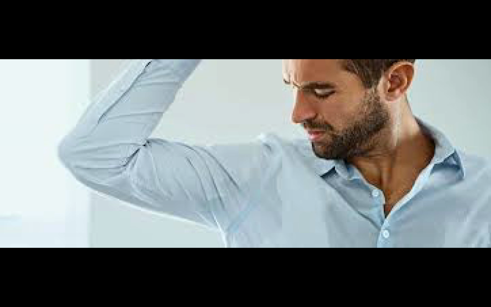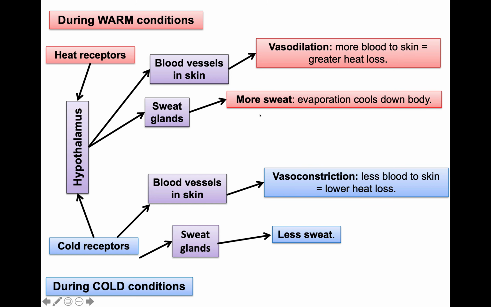But it's not the releasing of the sweat that cools the body, but when the sweat reaches the skin's surface and evaporates. Remember, we mentioned that one of the heat loss mechanisms was evaporation. So when the sweat evaporates from your body, this has a cooling effect on the body.